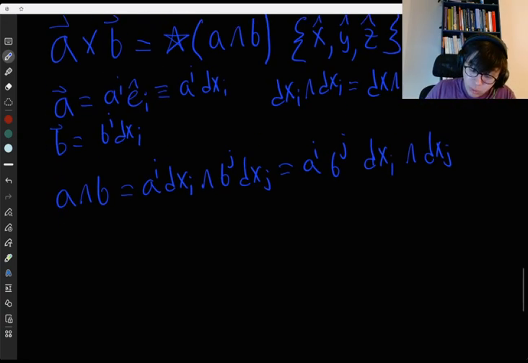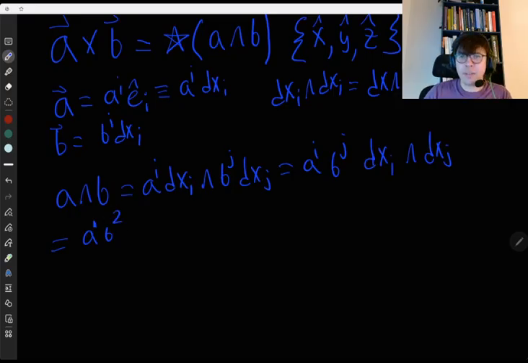So this now becomes A1, B2, sorry, not BJ. We can't write B1 because if I were to write A1, B1, I would have to write dx1 wedge dx1.